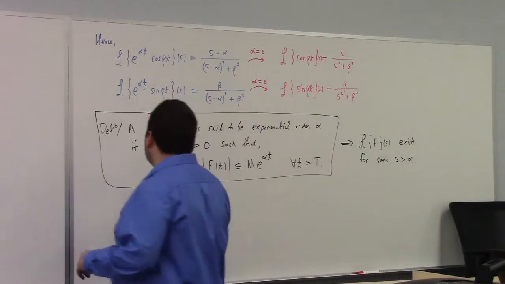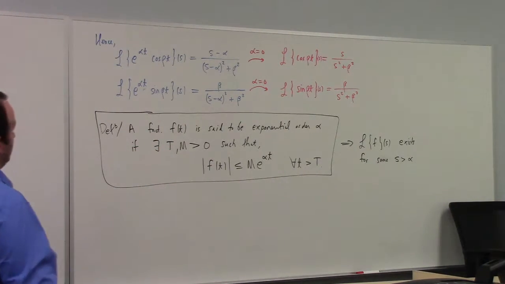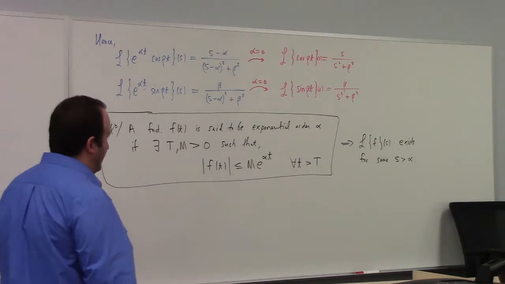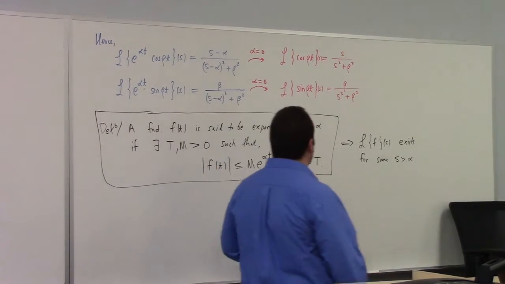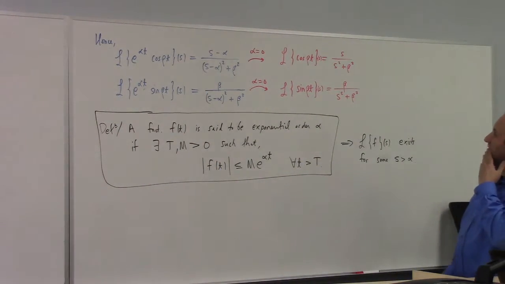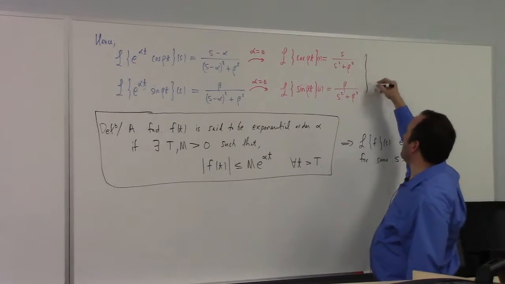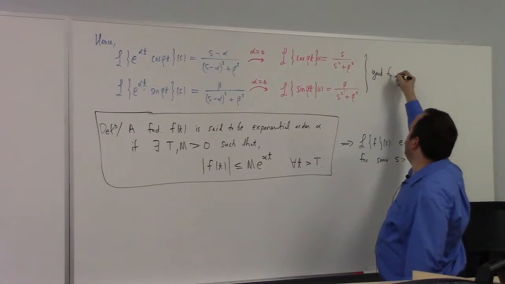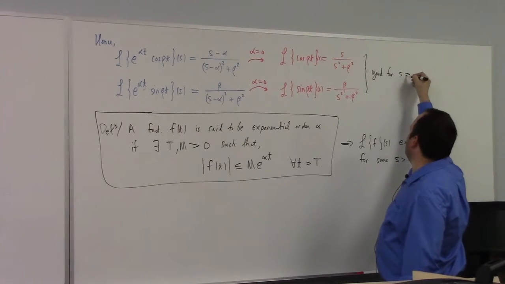For example, you can show that cosine and sine have exponential order alpha equal to 0. And that reflects the fact that these formulas are good for s greater than 0.